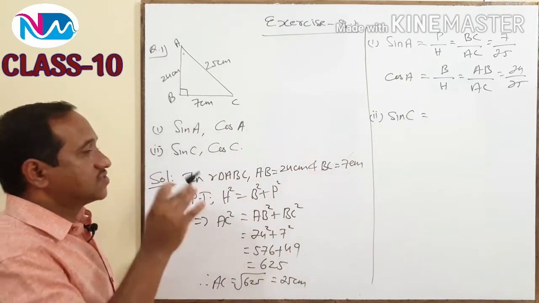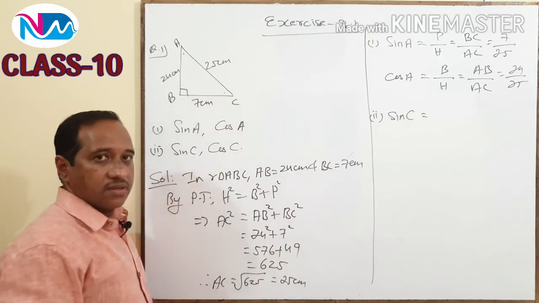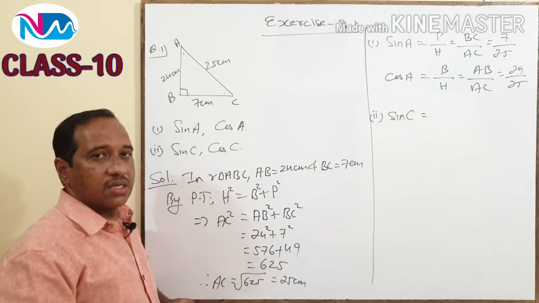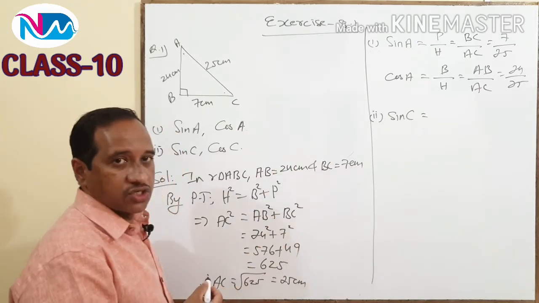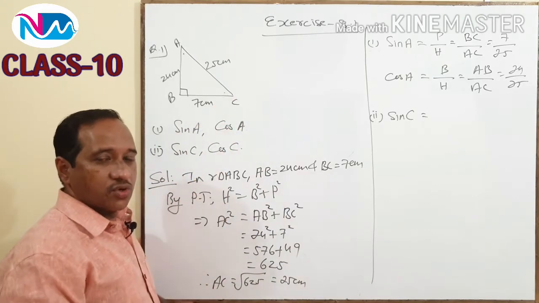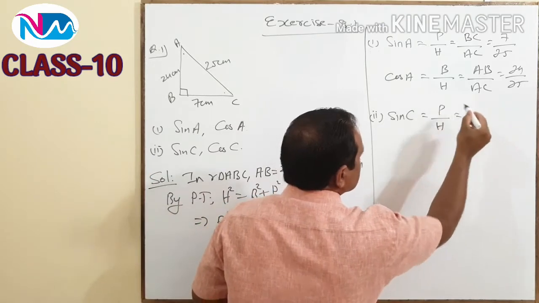When you take sin C, the acute angle to be considered is angle C. With respect to the position of angle C, the base and the perpendicular will change. Here, if we take sine ratio with respect to the acute angle C, the sine ratio is defined as perpendicular by hypotenuse.